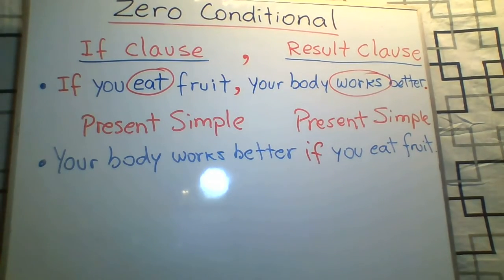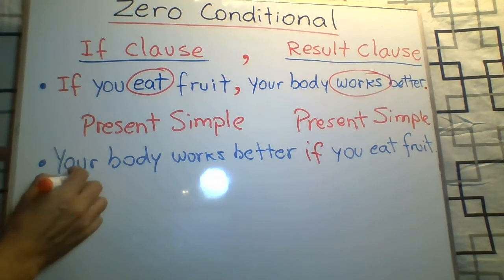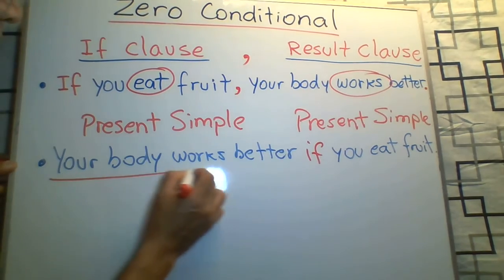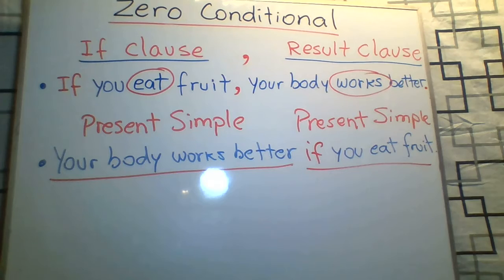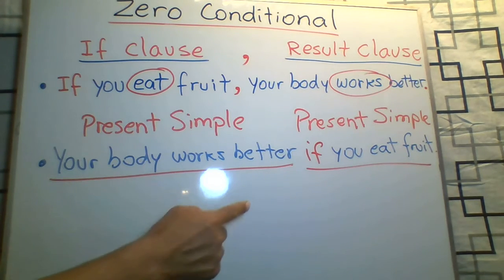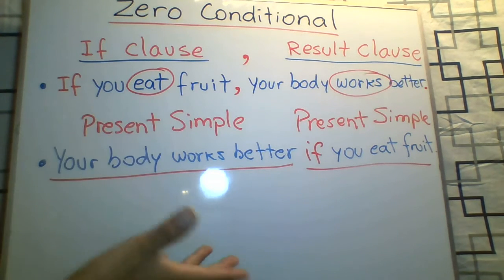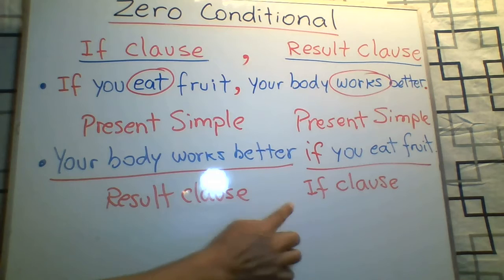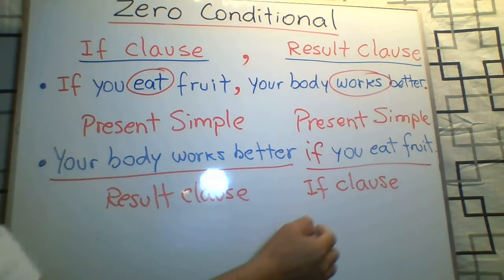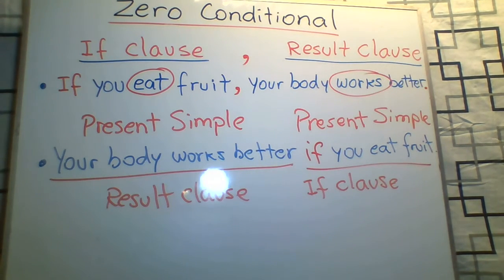So in this part, this is the result clause and this is the if clause. As you can see, they are in a different order, but it is the same idea. So you have the result clause at the beginning and the if clause at the end. Two parts.